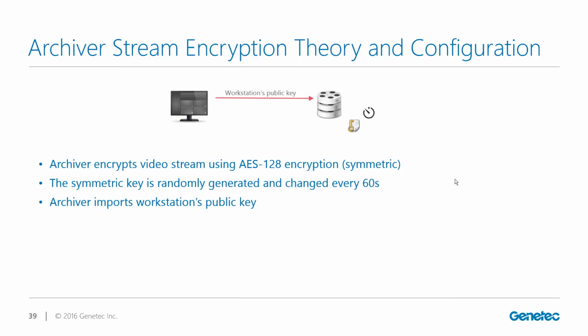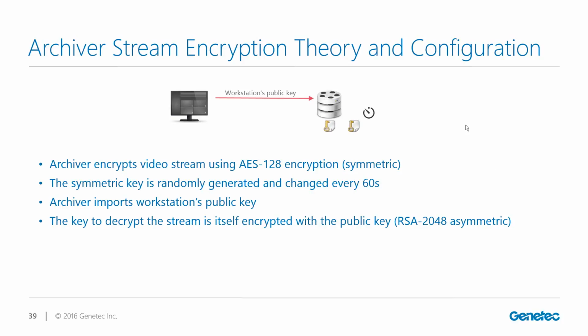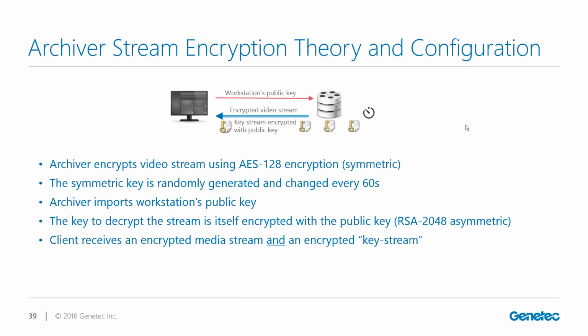And then of course the archiver needs the public key from the workstation, so it imports that. And then the key to decrypt the stream is itself encrypted with RSA 2048 asymmetric encryption. So basically we're using symmetric encryption on the video stream, and then we're encrypting that symmetric key using an asymmetric key to basically keep it doubly secure.